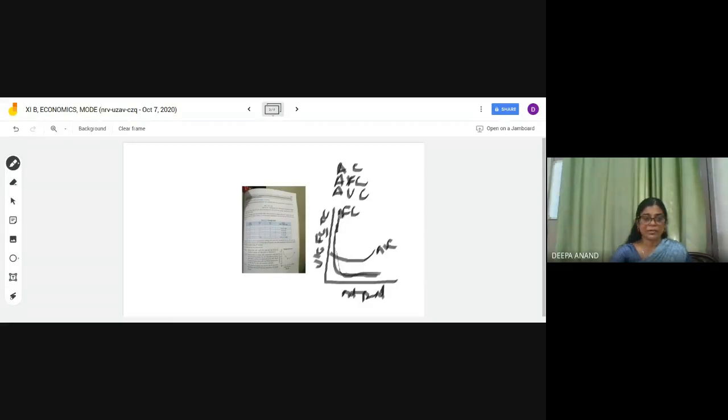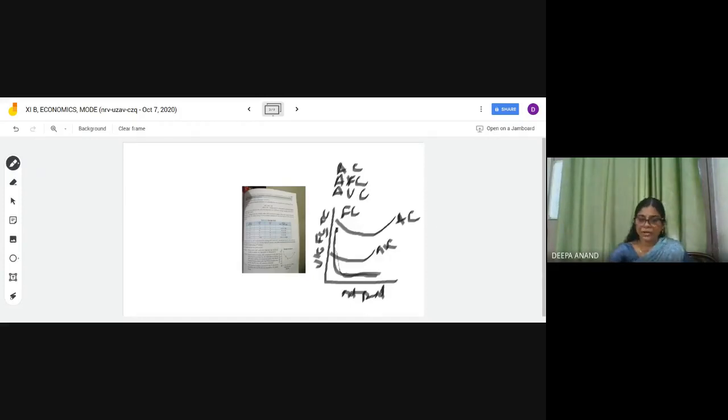Let me erase something and start from here. This total cost, that is average cost, will be a U-shaped curve, which is the summation of these two. So when we draw all the three together, it will come like this.